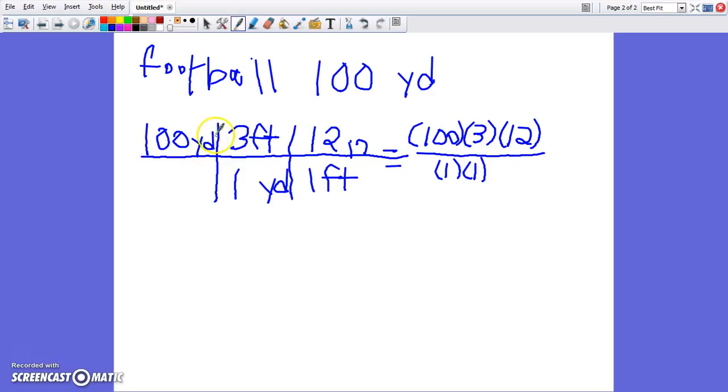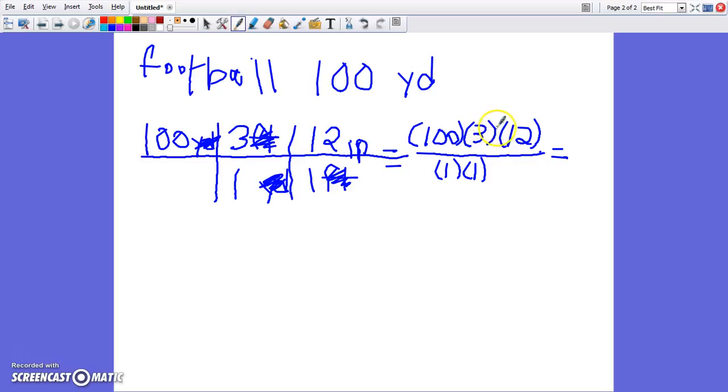And let's look over here. This yard cancels out with this yard. This feet cancels out with this feet. And I'm left with inches there. So my unit at the end is going to be in inches, which is exactly what I want, right? And I think I can do this in my head.